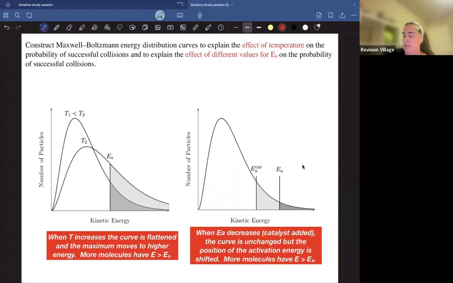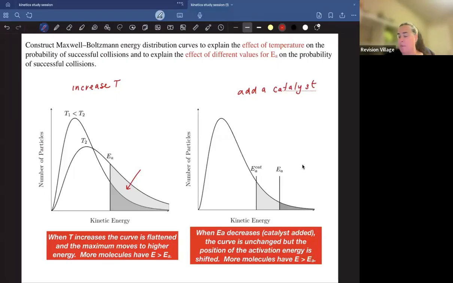When the temperature increases, that's the picture on the left, you can see that the curve gets lower and flatter. But you can also see that this whole area, the lighter gray area, represents molecules that can now react that couldn't before. When we add a catalyst, you can see that we don't change the curve.